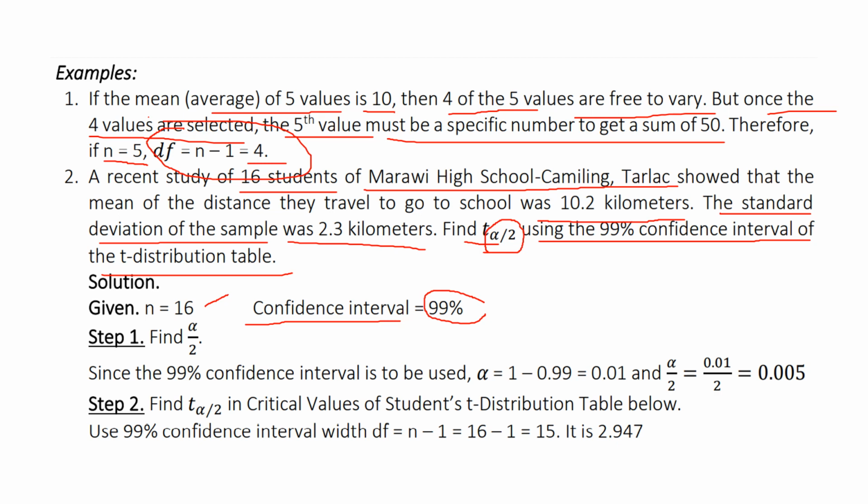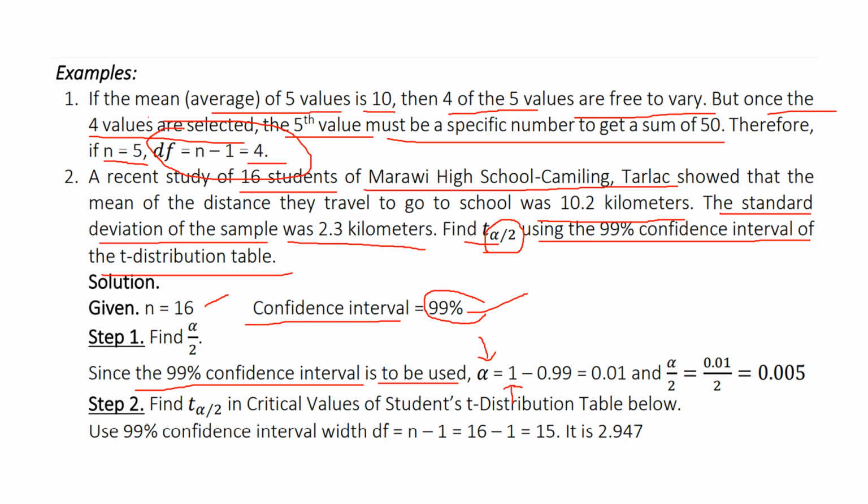Since we're dealing with a two-tailed test, we need to divide your alpha, or your level of significance, by 2. So using your confidence interval, which is equal to 99%, your alpha is equal to 1 minus 0.99. 1 here is the total area in your normal curve.